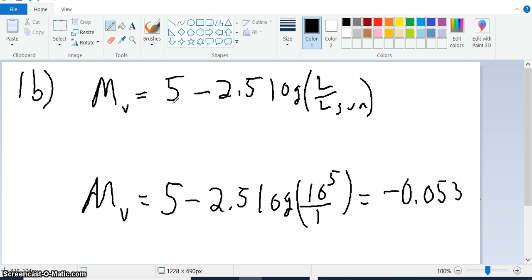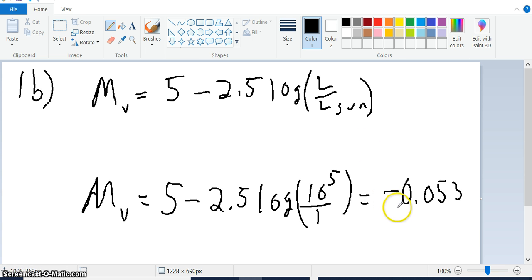The 4.8 doesn't make that much of a difference. Anyhow, it's 5 minus 2.5 times the logarithm of L, which they give us as 10 to the 5th times the luminosity of the sun, and so the luminosity of the sun cancels down here, and so it's just 5 minus 2.5 times the logarithm of 10 to the 5th.